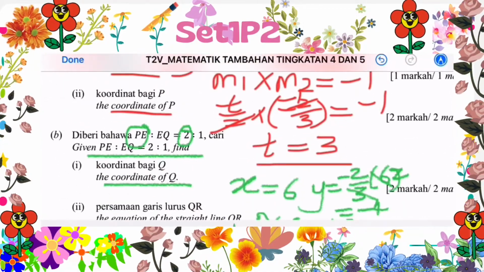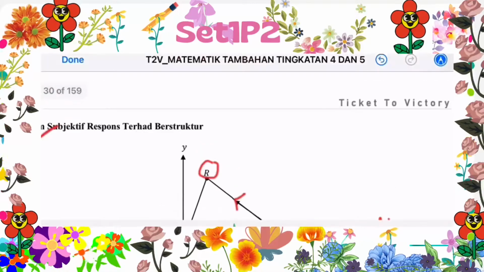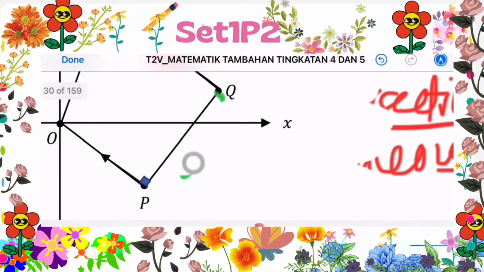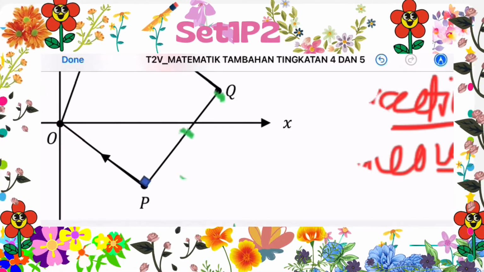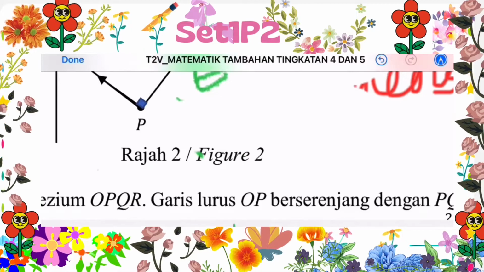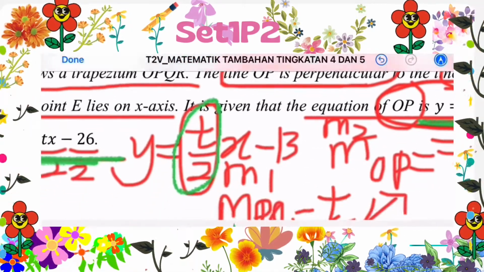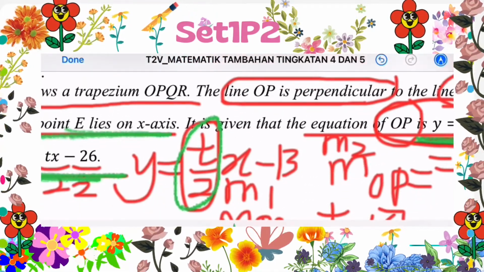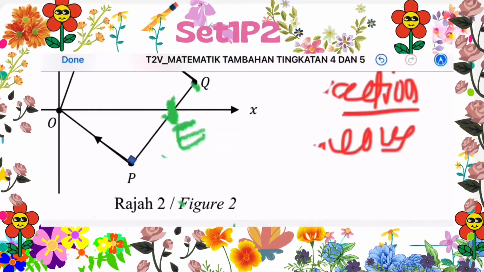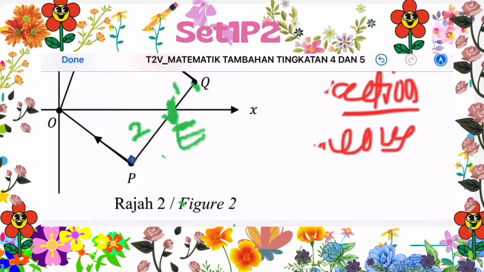PE is 2, EQ is 1. Let's say E lies on the x-axis. Okay, I put an E here. This ratio is 2, this is 1.